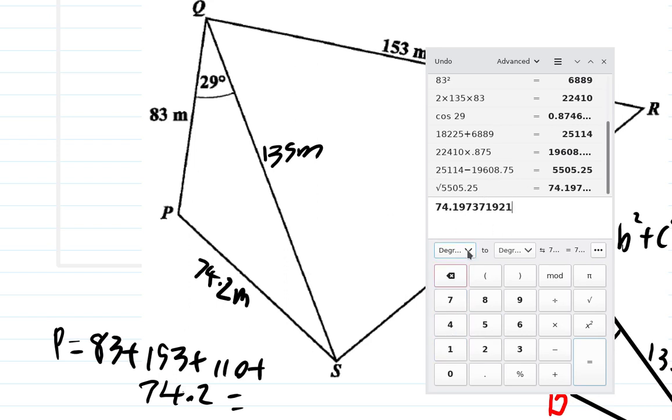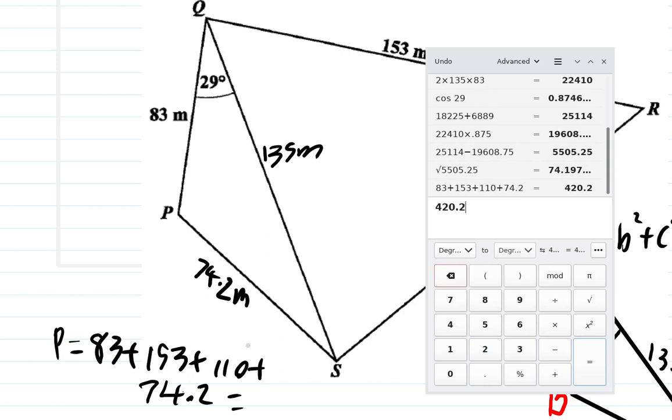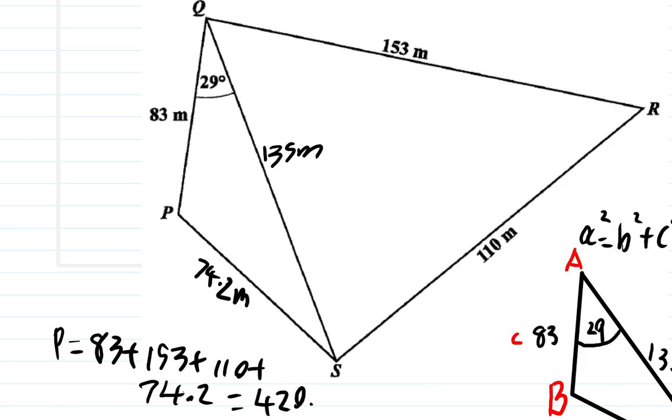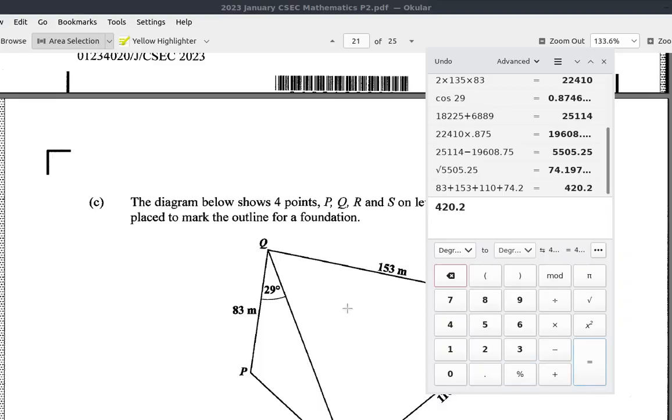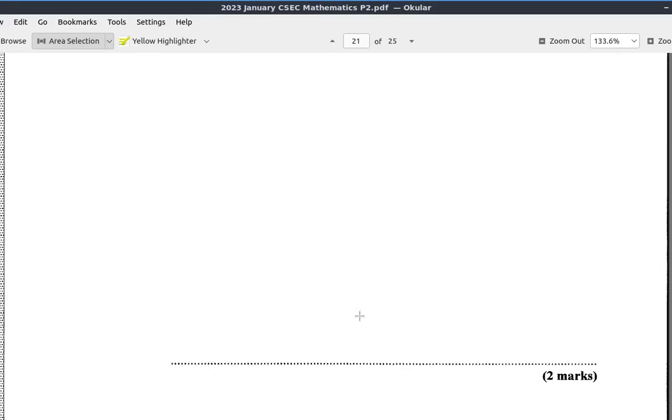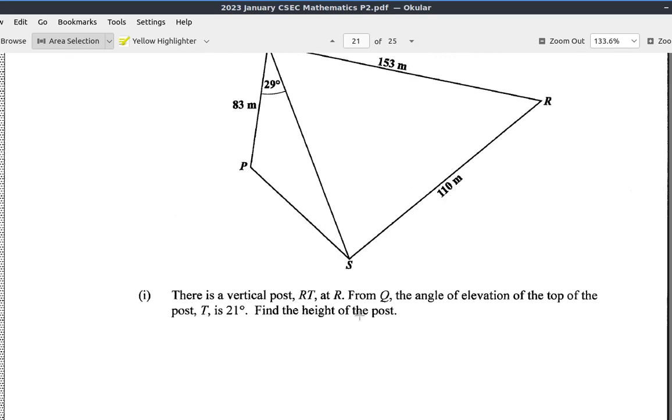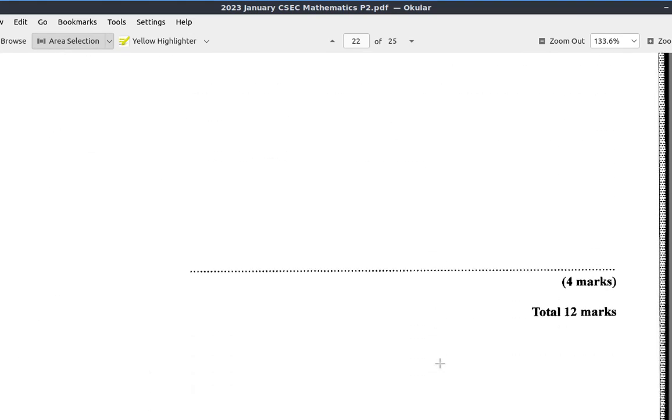Let's add up from the first part: 83 plus 153 plus 110 plus 74.2 equals 420.2, or call it about 420 meters. So the perimeter is 420 meters, going right around.